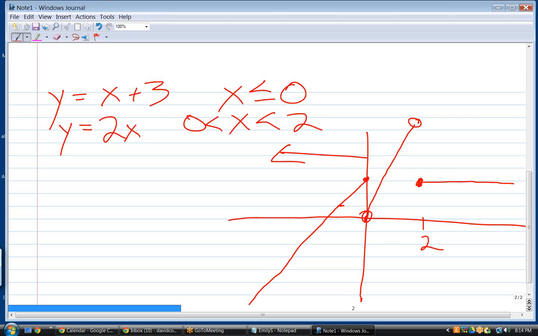And finally, the third domain that I'm concerned with is whenever x is greater than or equal to 2. And I can see that that's a horizontal line, and horizontal lines are y equals whatever number it's on.